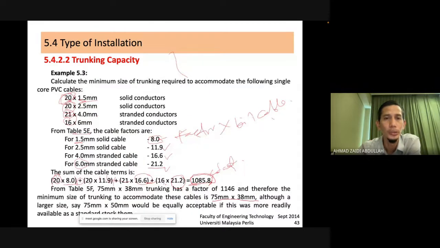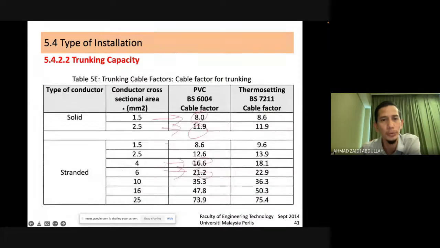So let's say we have this example. We have 4 sizes of cable that we want to put under trunking. Let's say we have 1.5, 2.5, 4 and 6. The 1.5 and 2.5 are solid. If we look at this table, it is the same, 1.5 and 2.5 are solid. Larger than that are normally stranded.